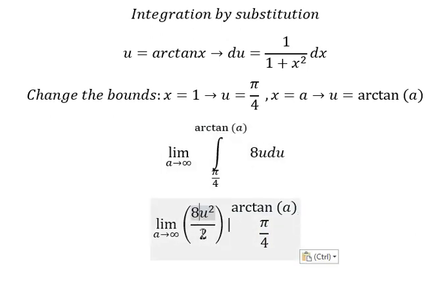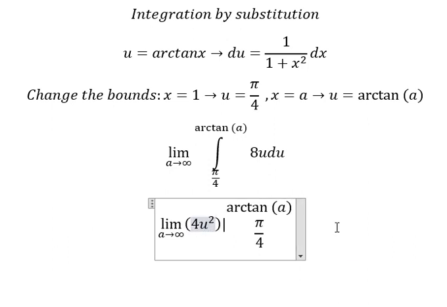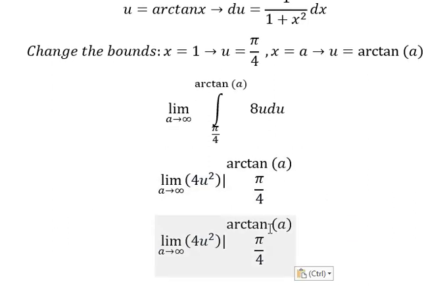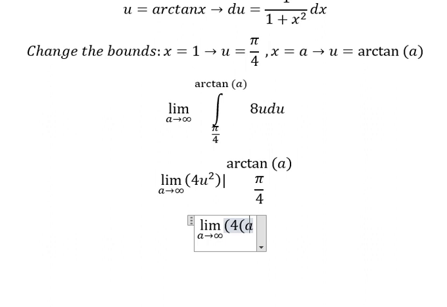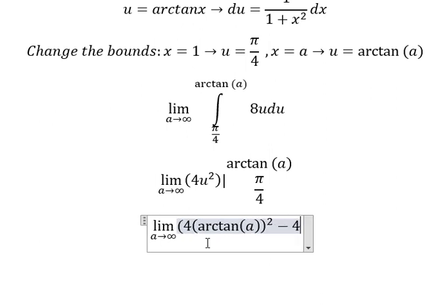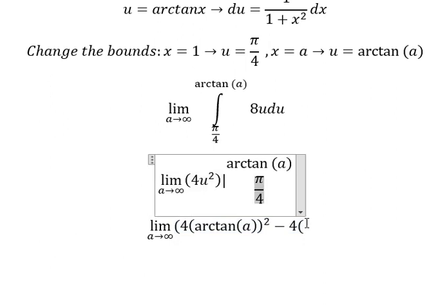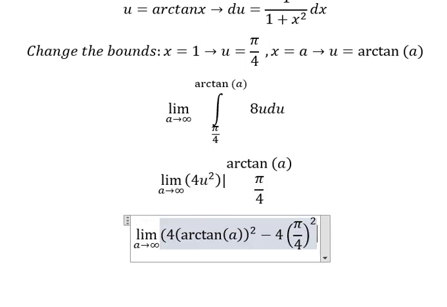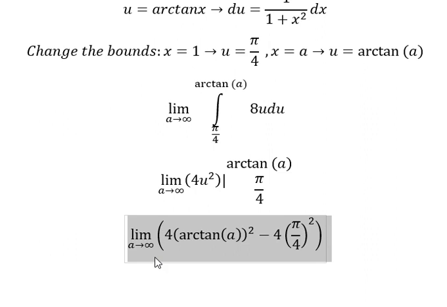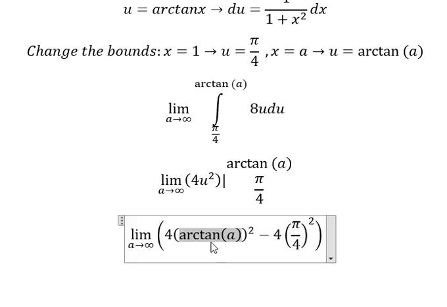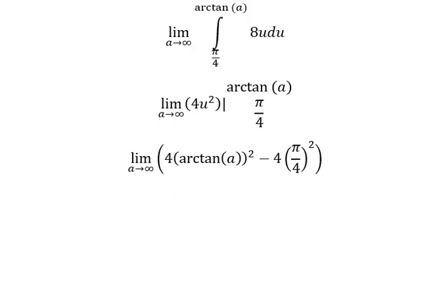Pi divided by 2, we have number 4. So I will put this one in here and pi over 4 in here. So when b approaches positive infinity, this one will go to pi over 2. And now we have the final answer.